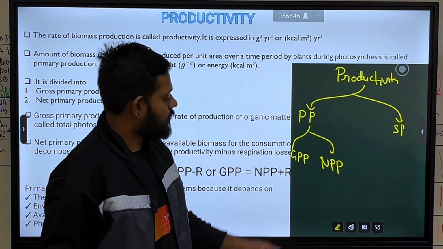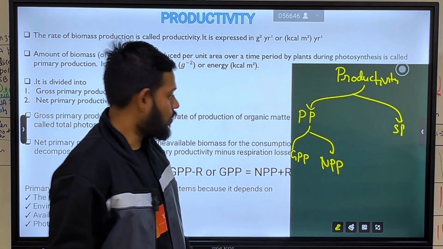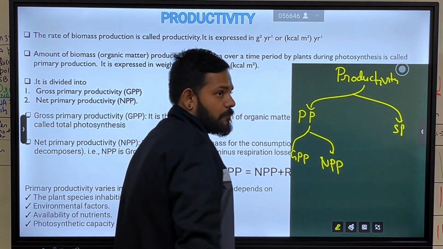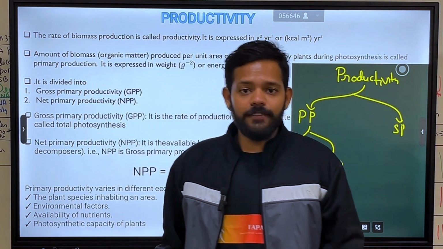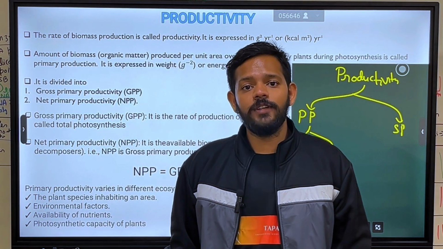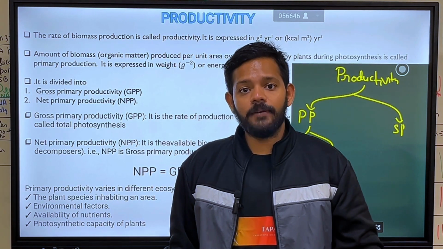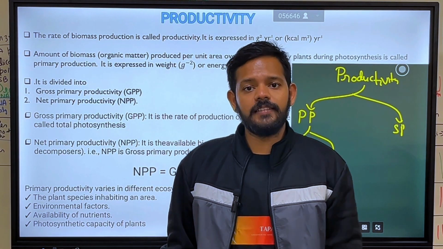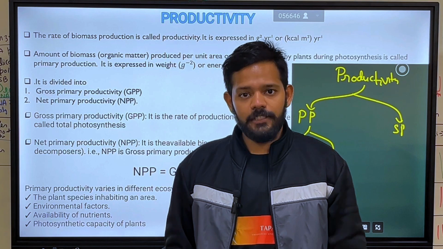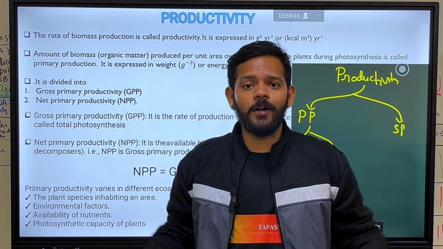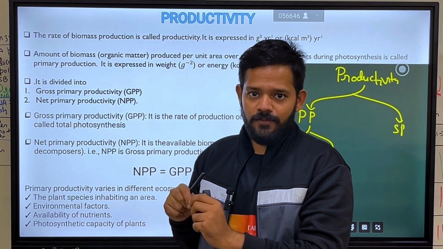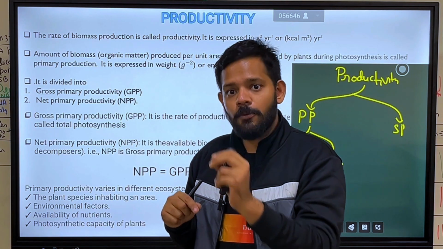Okay, see, gross primary productivity is the productivity which is made by plants during the light they absorb. The biomass which they produce when they absorb the sunlight, that is gross primary productivity. It is the sum total of productivity produced by a particular plant.